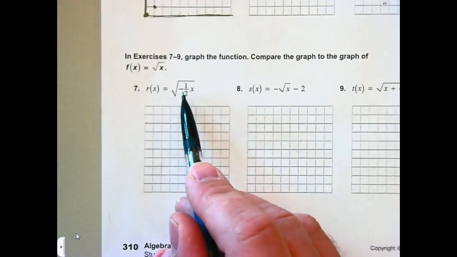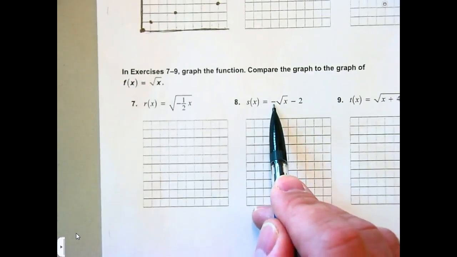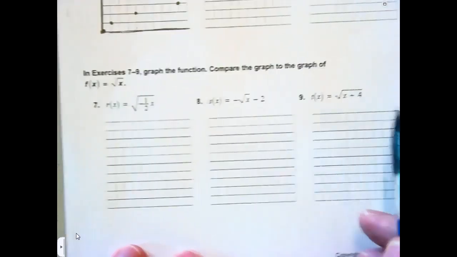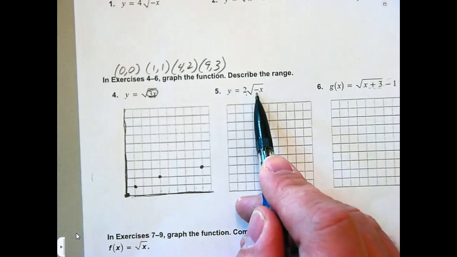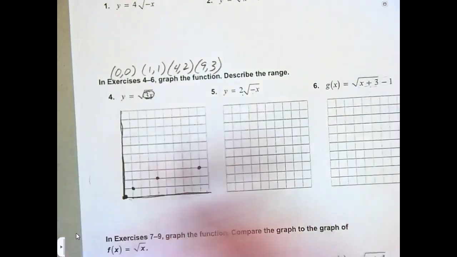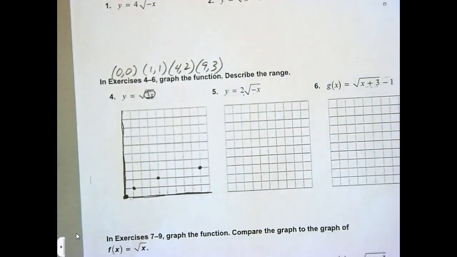Is this -1/2 with an x? Is that negative with x? Is that -2 with x? Is this 4 with the x? Is this negative with the x? Yes. That's important that you recognize, because that is shifting, that's dealing with horizontal. Everything else is dealing vertically, which is with y.